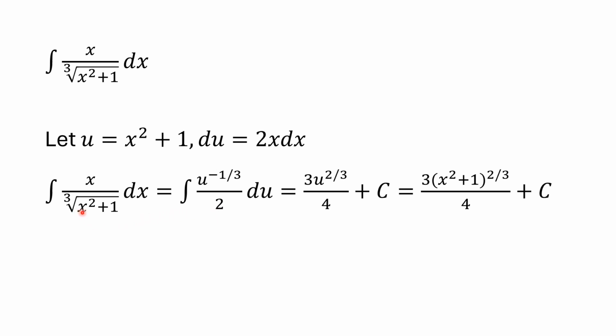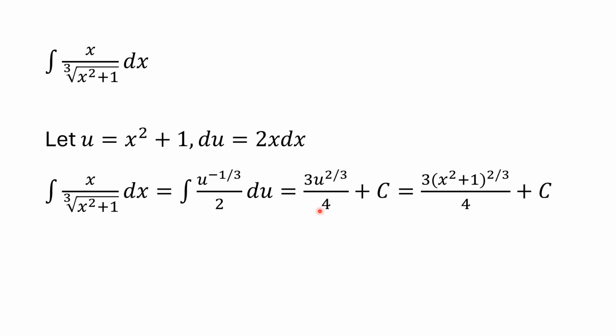So this is going to be 1 over the cube root of u, which is u to the minus 1/3, du over 2. So we would integrate a power function, 3u to the 2/3 over 4.